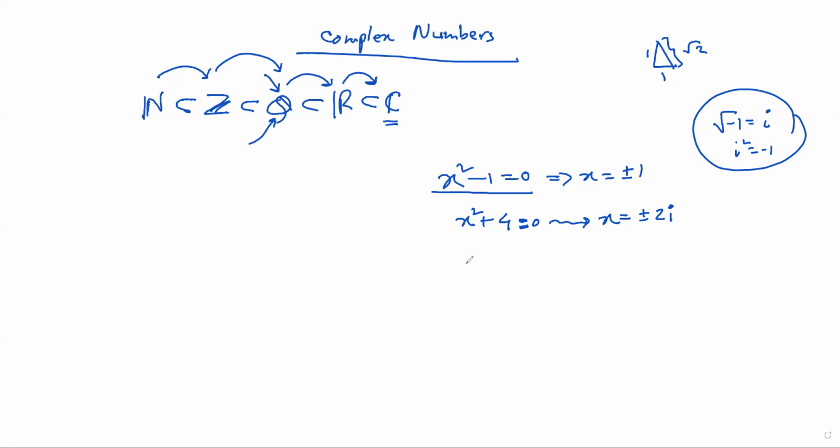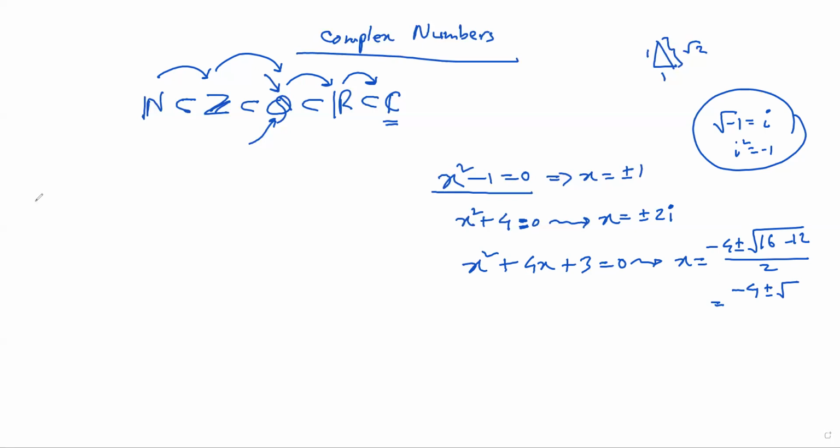So there can be numbers, for example, x squared plus 4x plus 3 equal to 0. If you solve this problem, what you get is x equals minus 4 plus minus √(16 minus 4 times 1 times 3), over 2. So minus 4 plus minus √, I think I wanted to write 5, but I wrote 3 mistakenly.